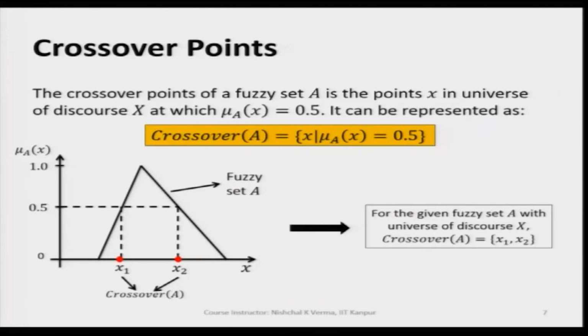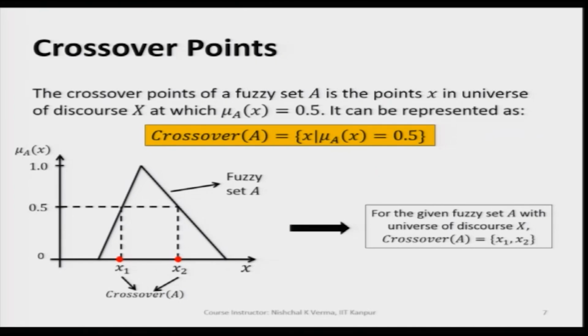Now, let us move to another nomenclature used in fuzzy systems theory, the crossover points. The crossover points of a fuzzy set A are the points x in the universe of discourse capital X at which mu A x is equal to 0.5.